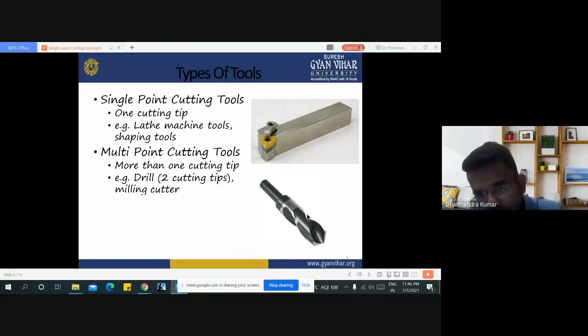One is associated with this edge and another is associated with this cutting edge. Thus, according to the definition, a tool that has two or more than two cutting edges is known as a multi-point cutting tool.